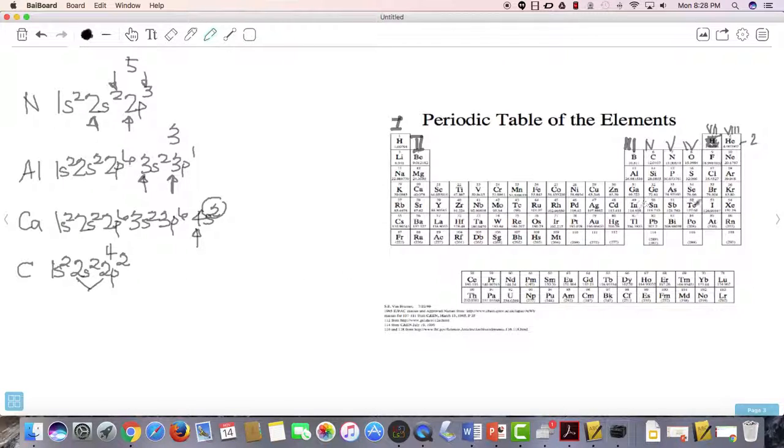Okay? So now let's take a look at an electron configuration for one that requires us to go through the D sublevel. So once again, we're going to take a look at arsenic.